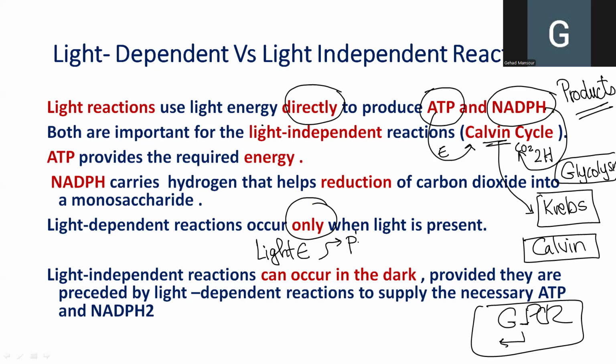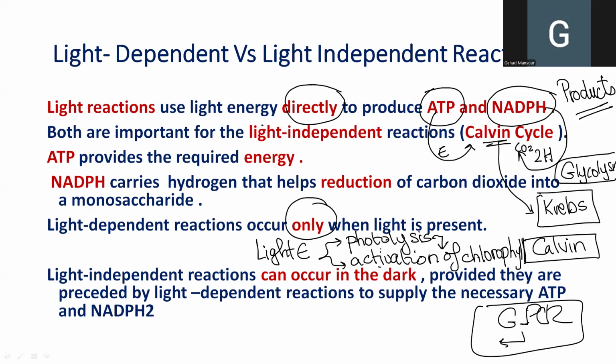They require light energy for photolysis or breakdown of water, and they require light energy for activation of the electrons in the chlorophyll molecule, activation of the chlorophyll molecules. And we will see later on the importance of activation of chlorophyll and of photolysis, and how photolysis is important to correct what happens in activation of chlorophyll.